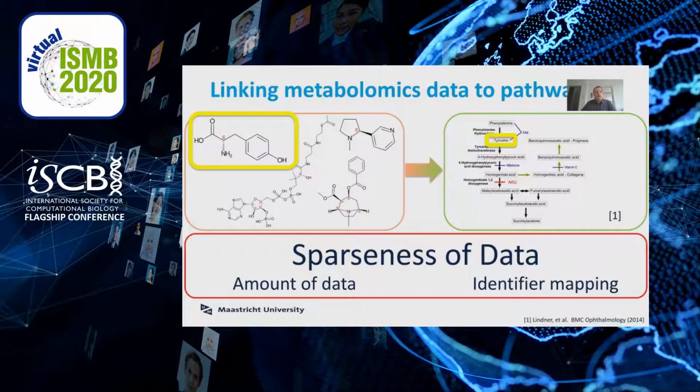The problem here is that these databases have different identifiers. So where in our experimental data each lipid or metabolite has only one identifier, in our pathways this may not always be the same identifier, even though we're looking at the same lipid or metabolite.